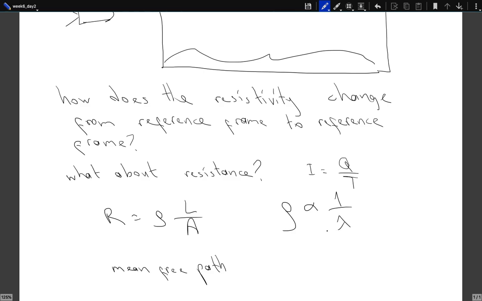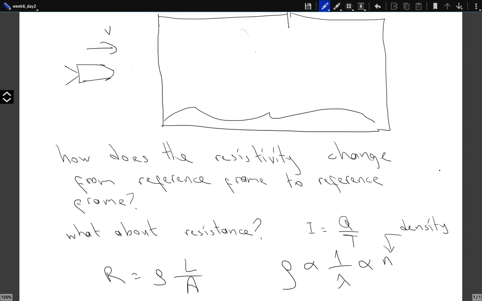But if the object is denser, then the mean free path will be smaller. So I can say that this will be the density. The larger the density, the larger the resistivity of the material. So let's see what is changing.